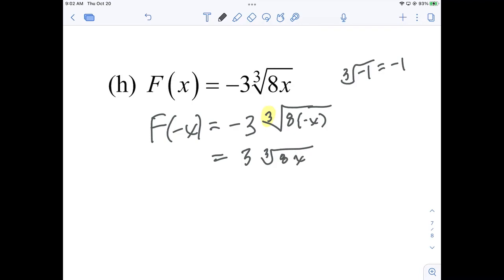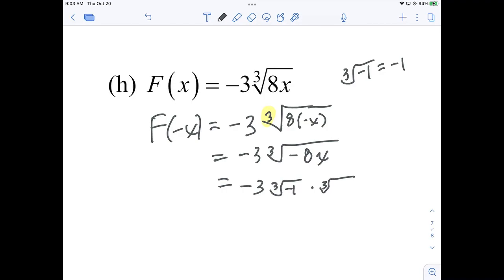If you really want to see that in slow motion, here's what it looks like. Negative 3 times the cube root of negative 8x, which is equal to negative 3 times the cube root of negative 1 times the cube root of 8x, which is now equal to negative 3 times negative 1 times the cube root of 8x, which now means that this is 3 times the cube root of 8x.